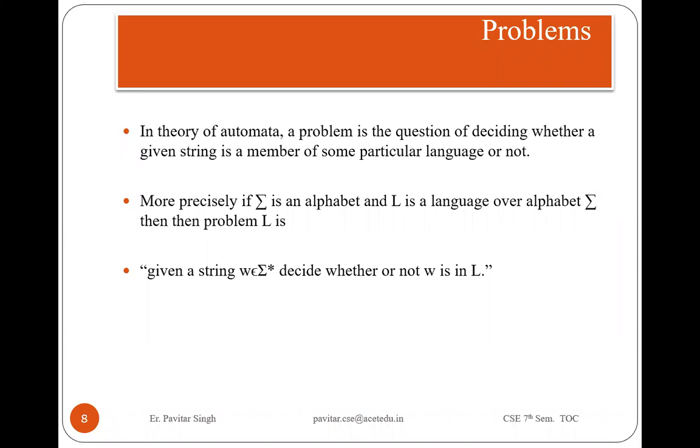So more precisely, if sigma is an alphabet and L is a language over alphabet sigma, then the problem L is: given a string W belonging to sigma star, decide whether or not W is in L. So let's see the example.